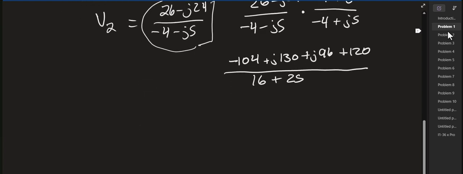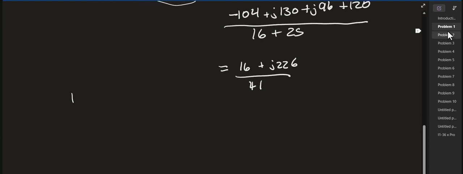Then combining like terms, that gets me 16 plus j226 over 41, which is 16 over 41 plus j226 over 41.